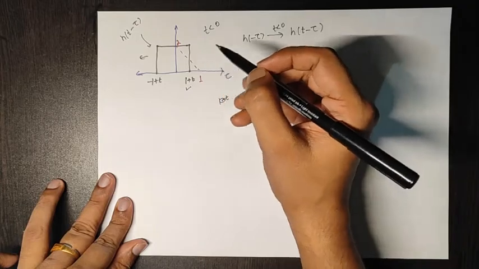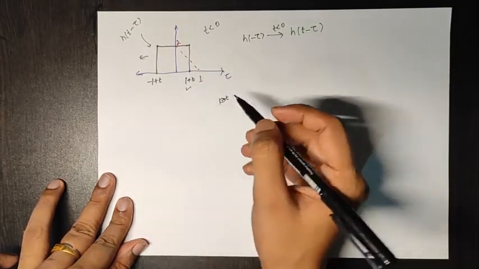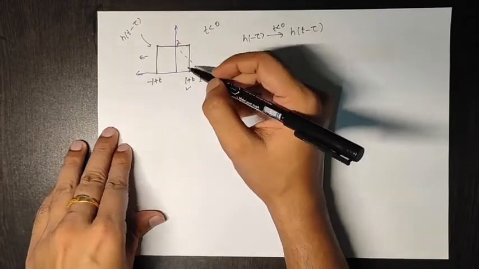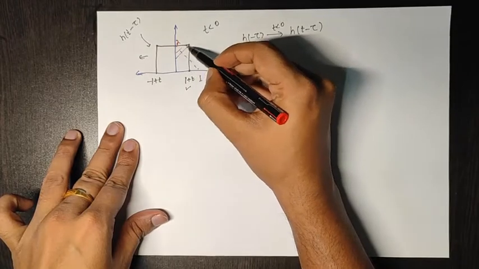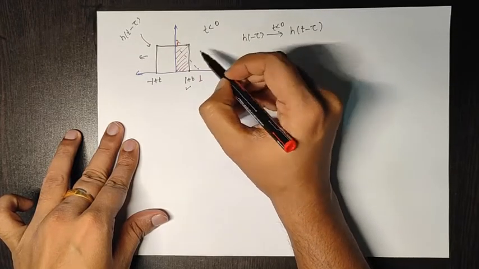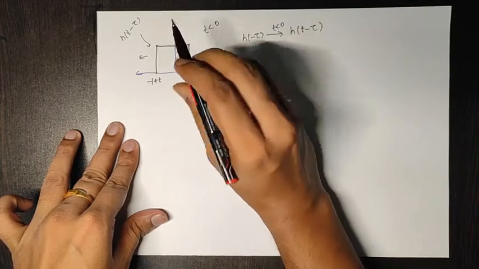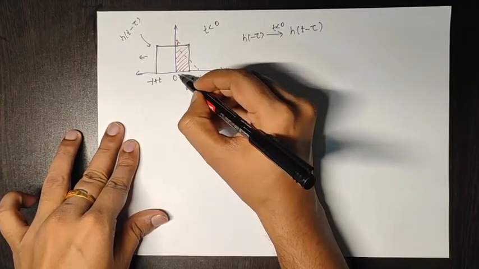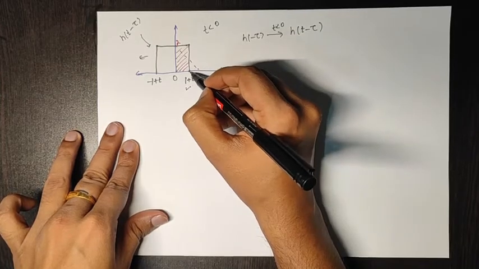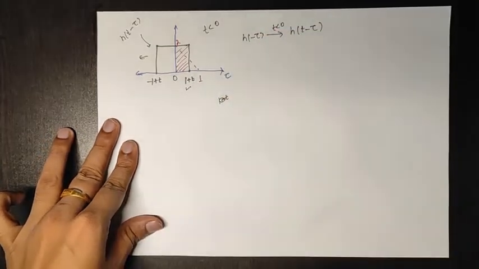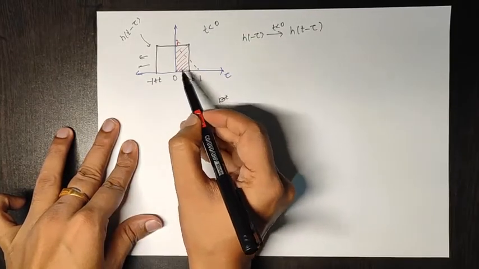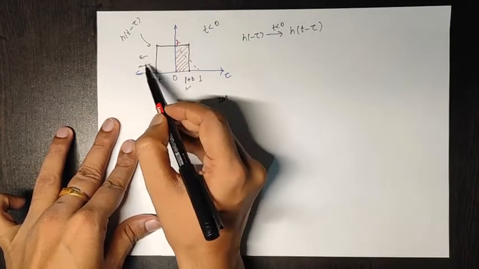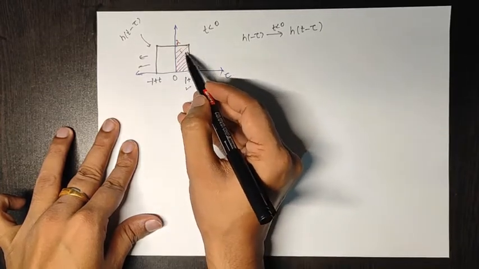Now, what is the common area? You can see this is the common area product, which varies from 0 to 1 plus t. And how long can we do the shifting? Let's keep on shifting, till you get a positive area product.